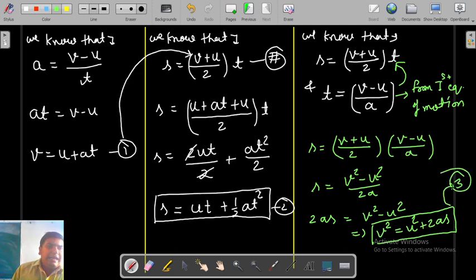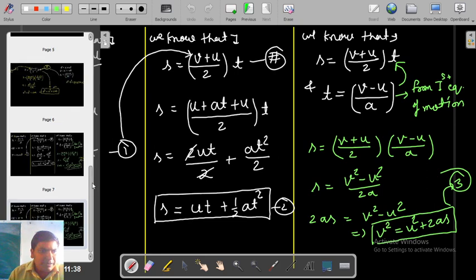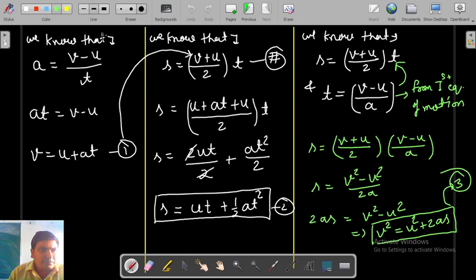Clear? Now, in case of retardation, we can take this page as one more copy of this page. Okay. So, in case of retardation, retardation means negative acceleration. The value of acceleration is negative.